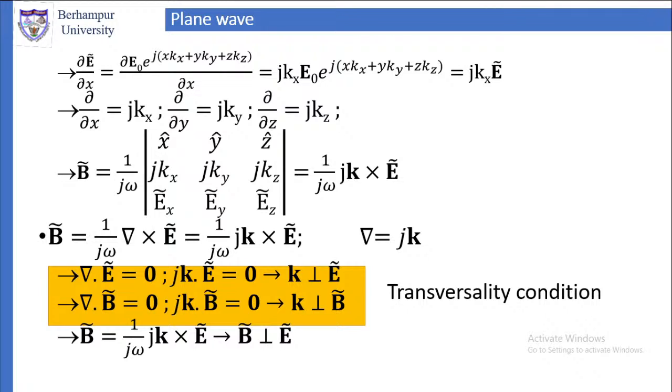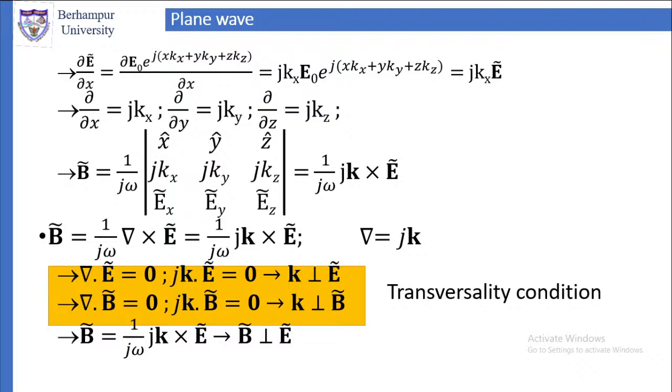So there is one plane which contains B tilde and E tilde. Since the electric field and magnetic field are contained in one plane, we call it also plane wave. So in the plane wave, the electric field and magnetic field are in one plane.